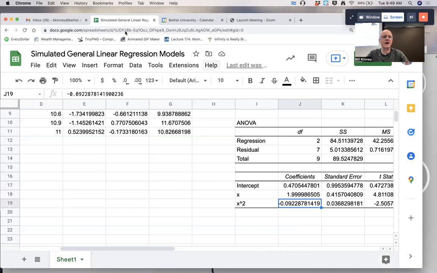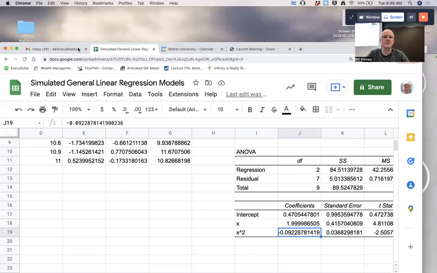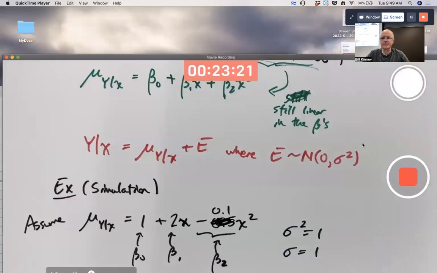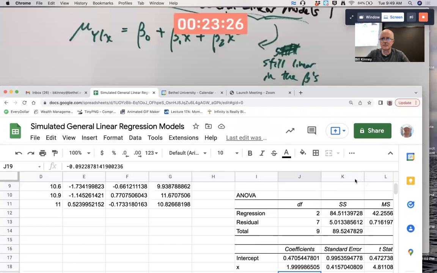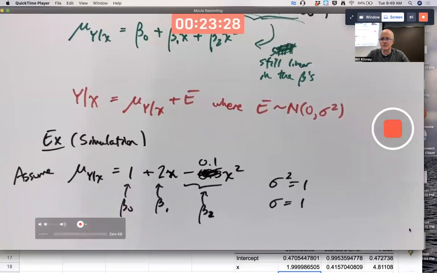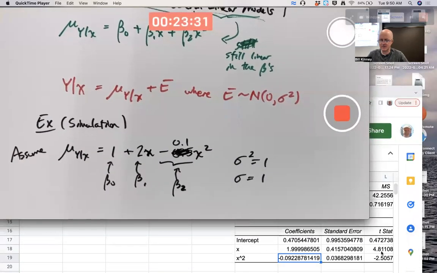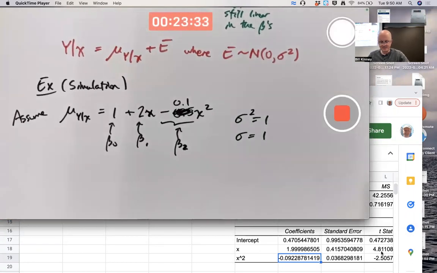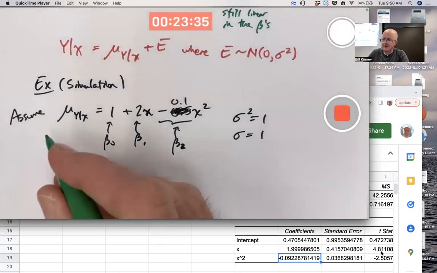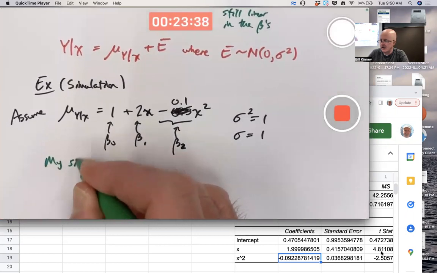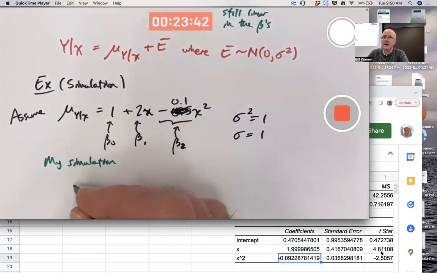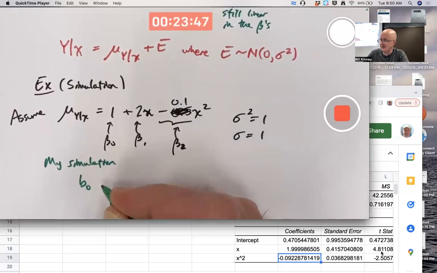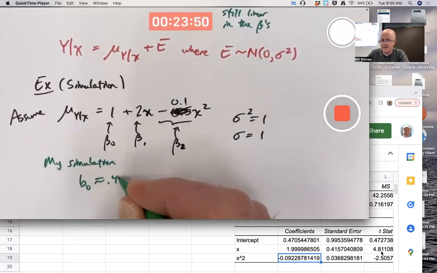Let's go ahead and write those numbers down that I obtained in my simulation. In my simulation, you could write down whatever you got. The observed value of what you might call capital B0, lowercase b0, is about 0.4705.